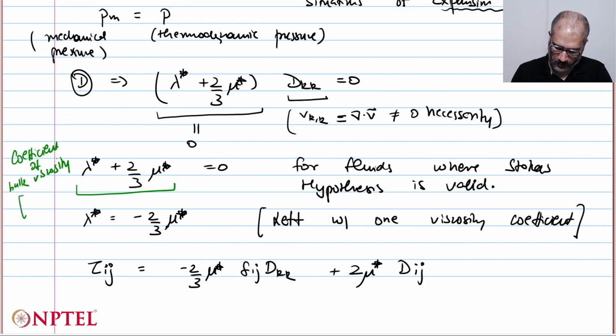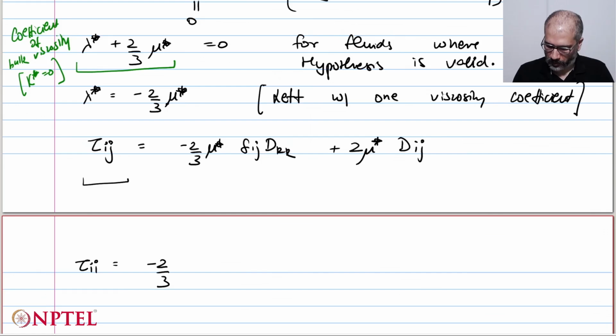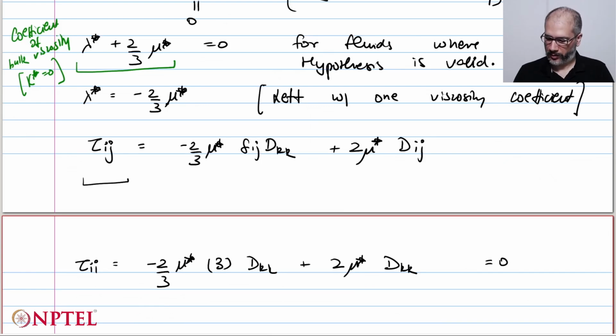So this coefficient of bulk viscosity, which is written as kappa star, is 0 under the Stokes hypothesis. And if I check the trace of tau, tau ii, this becomes minus 2/3 mu star times delta ii, which is 3, times dkk, plus 2 mu star dkk, and we see that this is 0. So therefore, this tau that we have here is a deviatoric tensor.